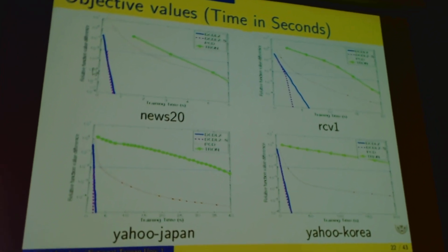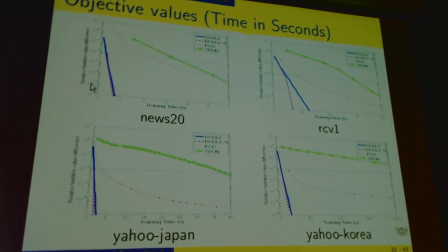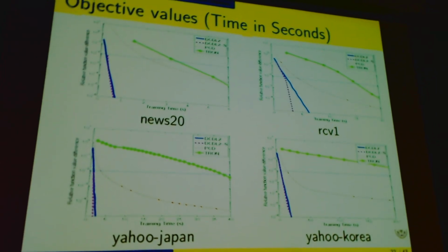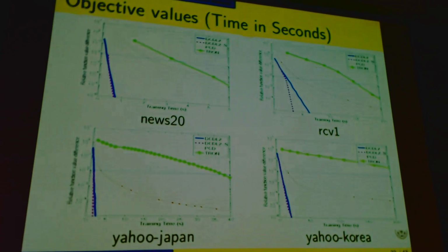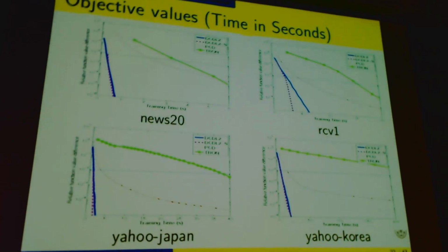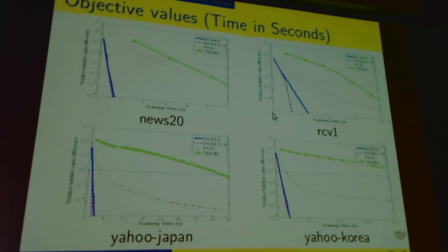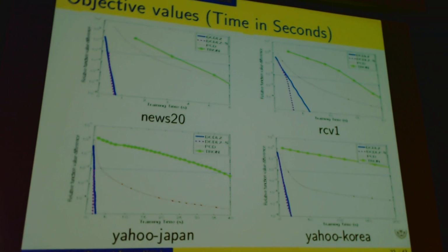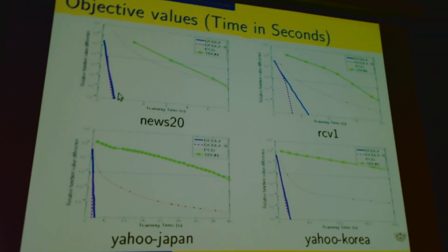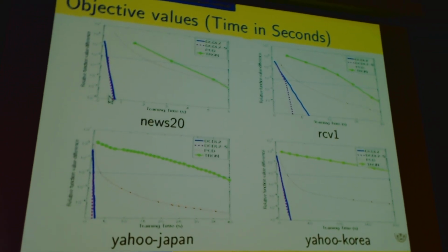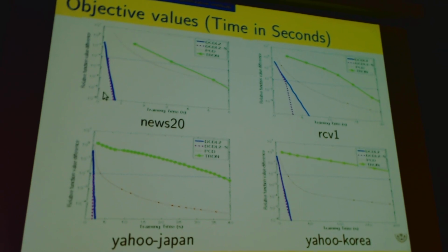The y-axis is the difference to the optimal objective function value, the minimum of f of w, to see how good our solution is. If you spend more training time, then the difference should become smaller. But this is log scale, so in this place, the difference is very, very small.